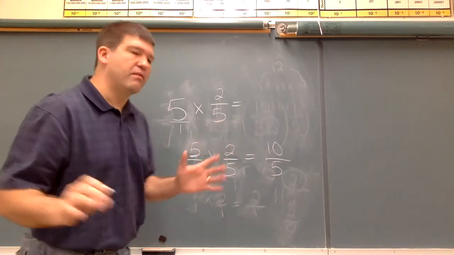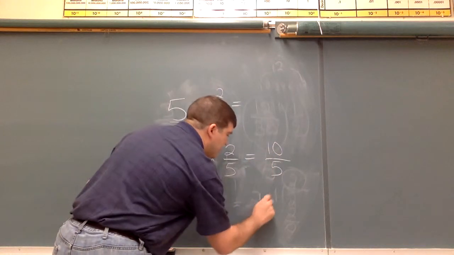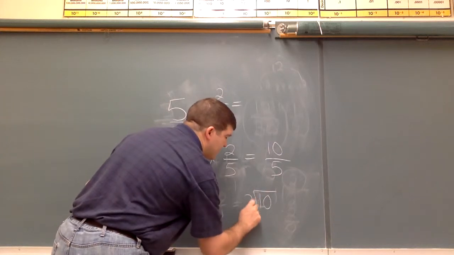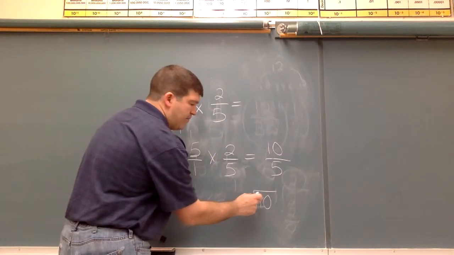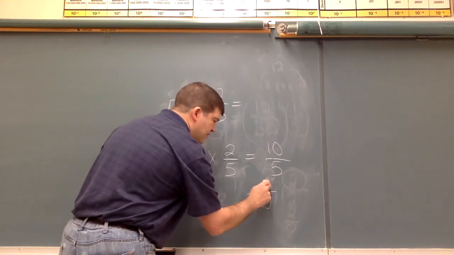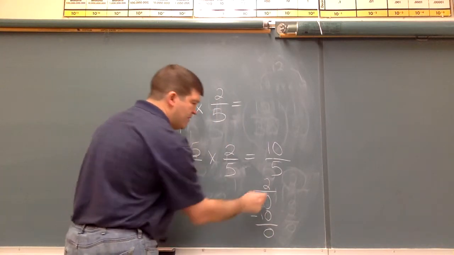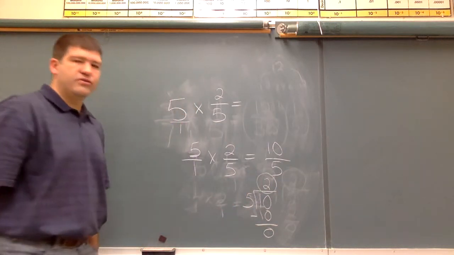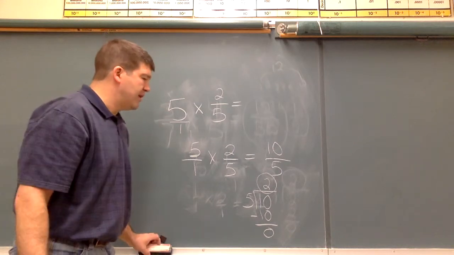We can't have it fall over. We've got to make sure we don't have that. So we put the numerator inside, the denominator outdoors. How many 5s go into 10? 2. 2 times 5 is 10. Subtract it, I get 0. This is my answer, 2. All right, that's number 3.